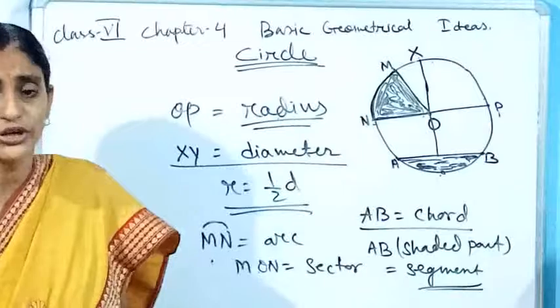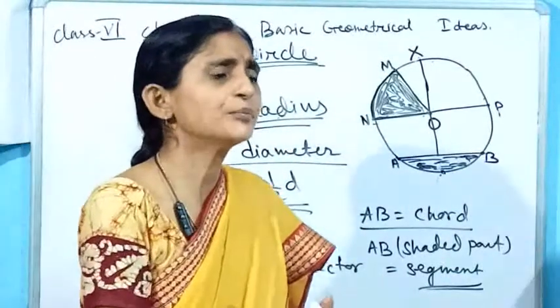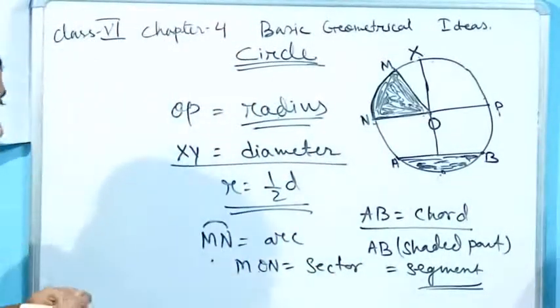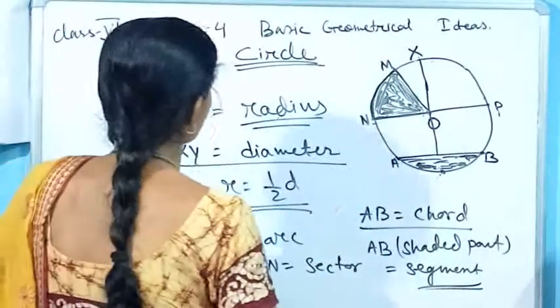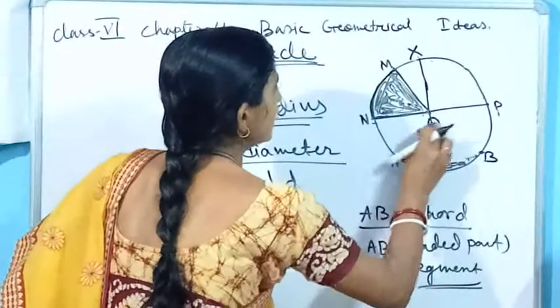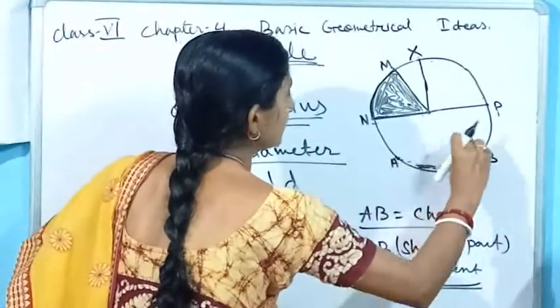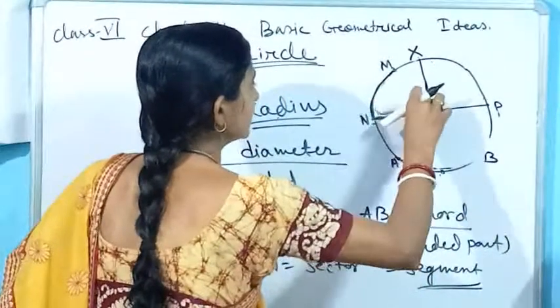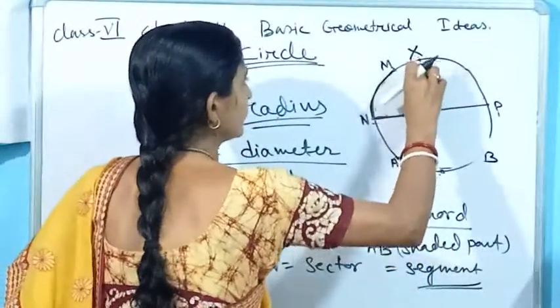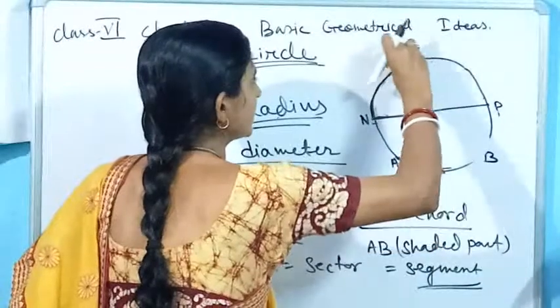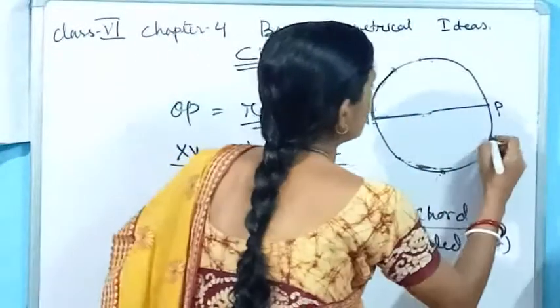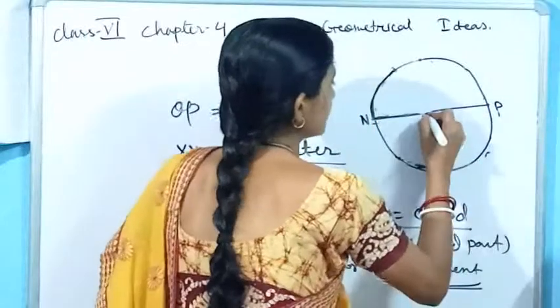Now what more has been given? If I am dividing the circle, what will I call it? See, here we have drawn the diameter. Let it be that NP is the diameter. What is happening with this circle? Here NP is the diameter, and this was the center.